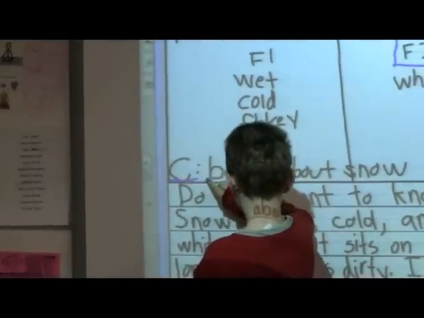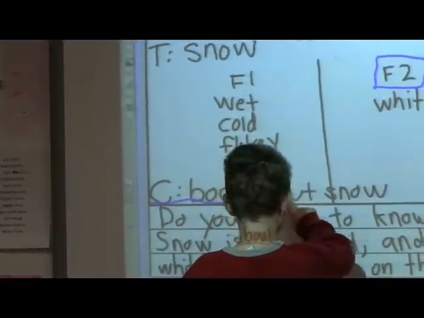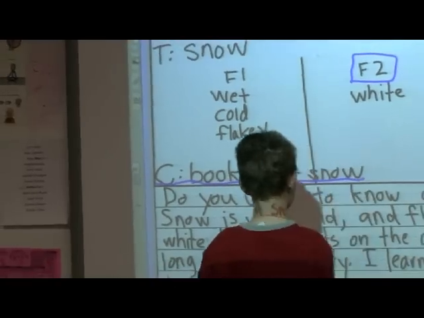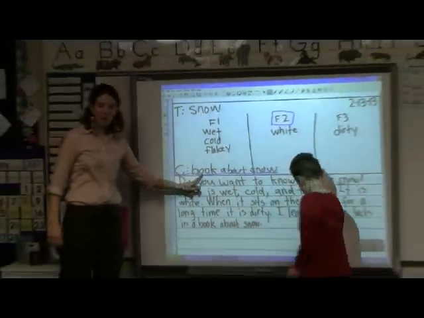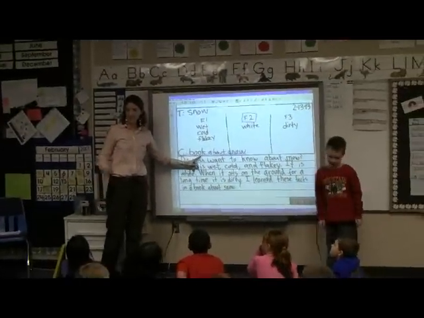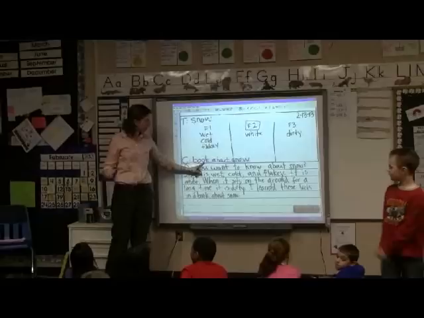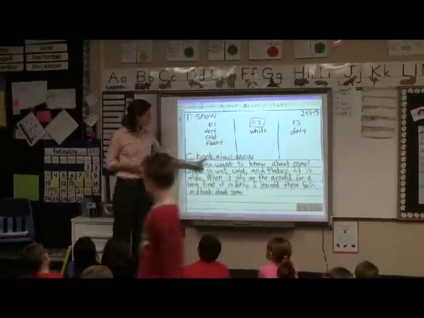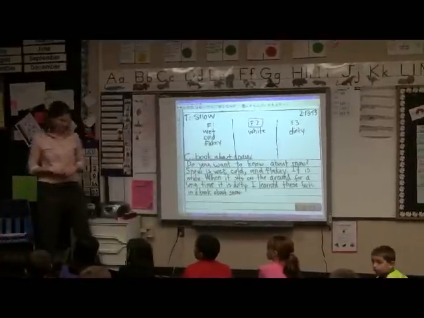Good. That's the part you're going to add to your writing today. You're going to add the C for conclusion. And this is the part where you tell me where you learned your facts. Maybe you learned them from your mom. Maybe you learned them in a book. Maybe you learned them from a TV show that you watched. You'll tell me where you learned your facts in that part.